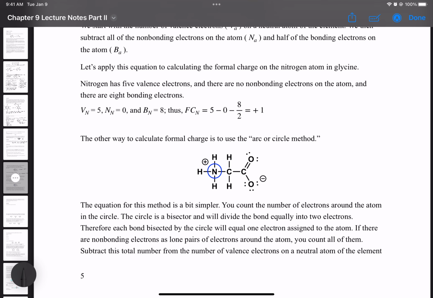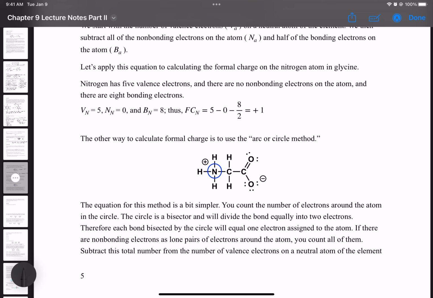The equation for this method is a bit simpler. I call it the circle or arc method. So you circle the atom in question. You make a circle around it. You count the number of electrons around the atom in the circle.